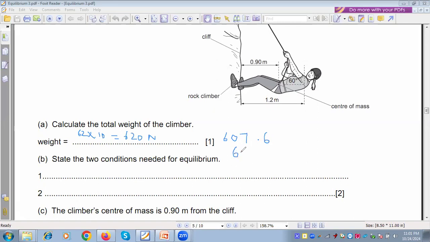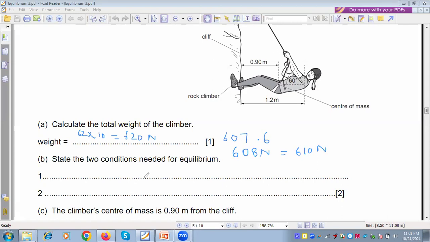Means 608 Newton. If you want to express it in two significant figures, it will be 610 Newton.